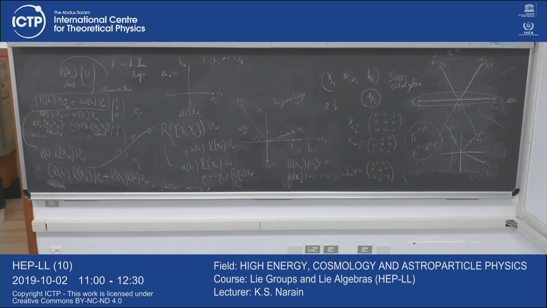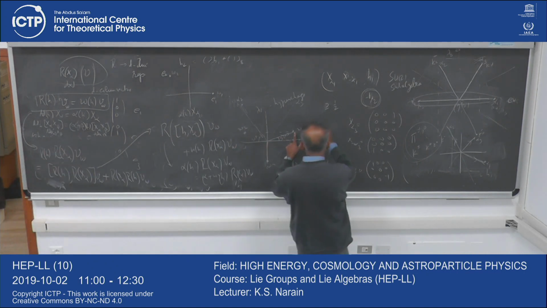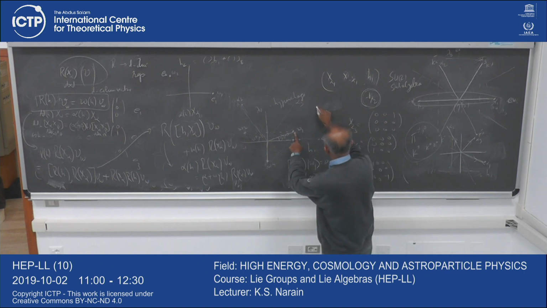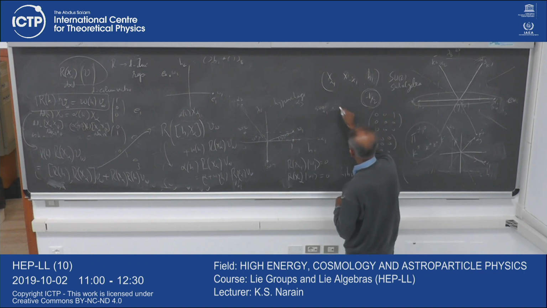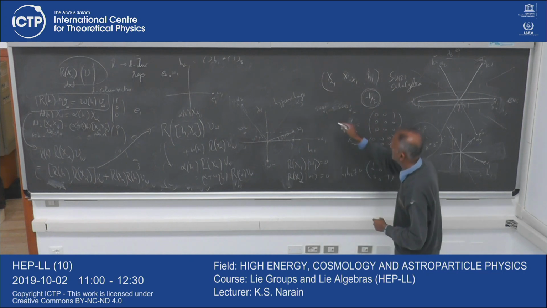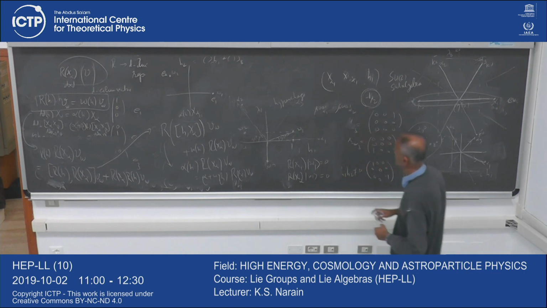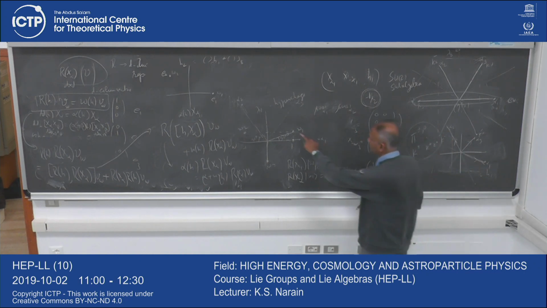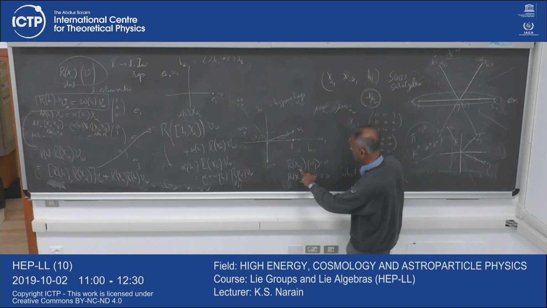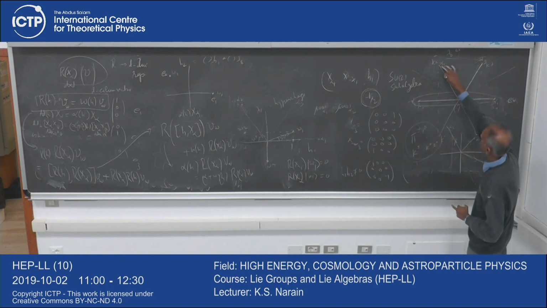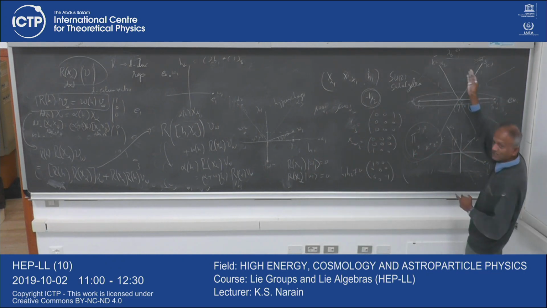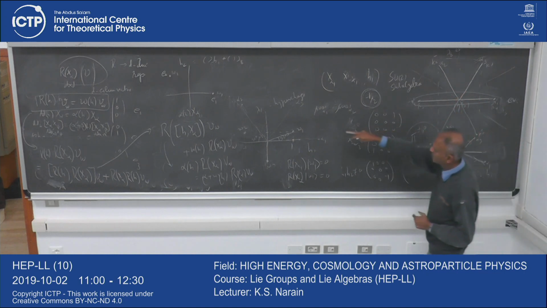Here the highest weight was chosen with respect to these 2 SU2s, the SU2 with respect to the alpha 1 root, and the SU2 with respect to the alpha 2 root. Let me write it in terms of the Lie algebra. So the SU2 Lie algebra, alpha 1, alpha 2. This W1, as we saw, both R X alpha 1 and R X alpha 2 annihilate it. And we are declaring these to be the simple roots, or positive roots, or raising operators. So this is the highest weight state.